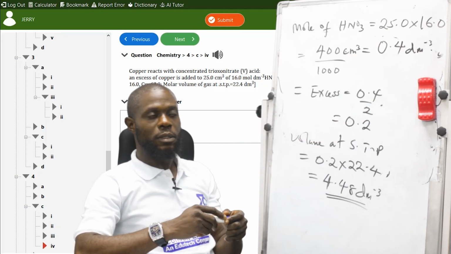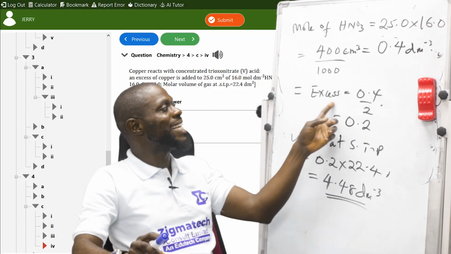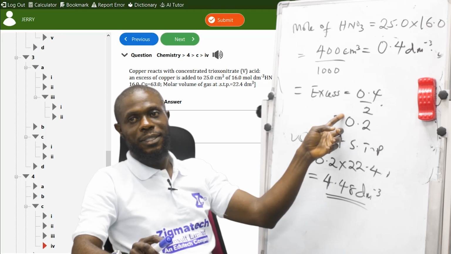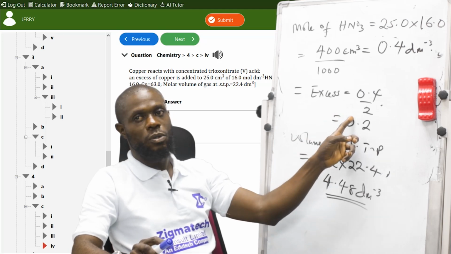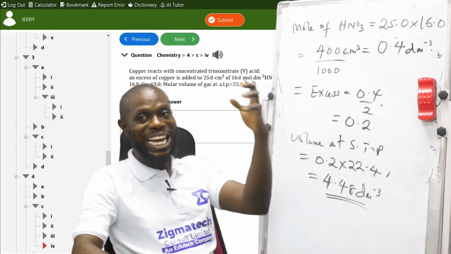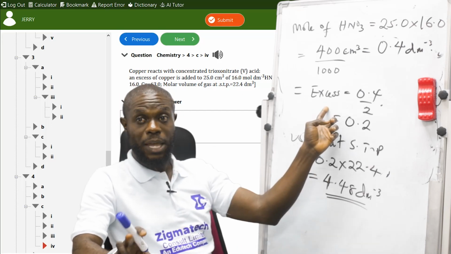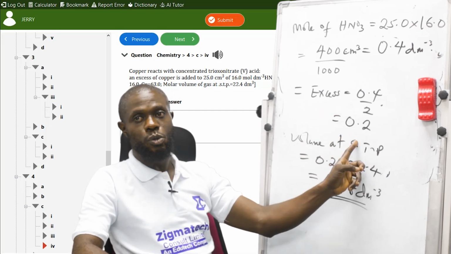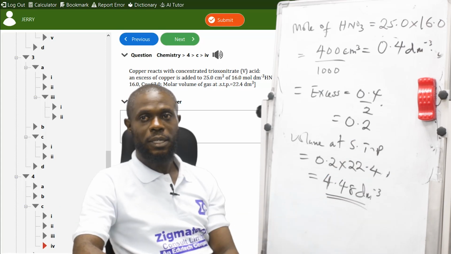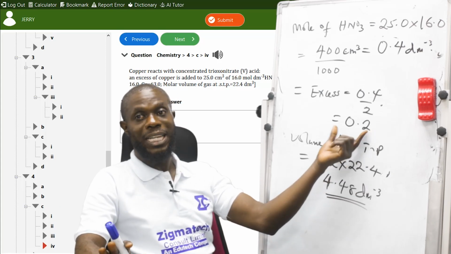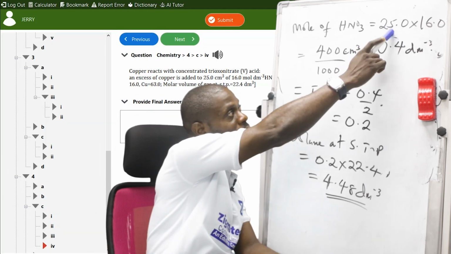Changing it. All right? So now the excess will be divided by 2. Because copper was added, so it is in excess. The excess that you get now is 0.2. That's the amount of the copper that was added to 25.